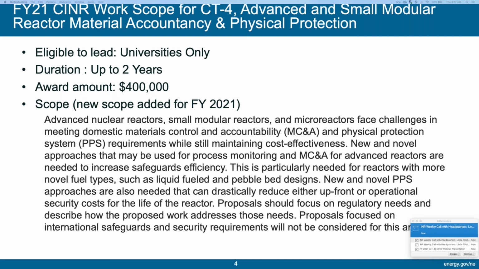And sometimes those approaches aren't necessarily spelled out that well in the regulations. But as you move more towards those novel fuel types, you're more likely to be in the Part 74 regulations, especially with the liquid fuel type of designs. So it really depends on what general class of advanced reactor you're interested in exploring.